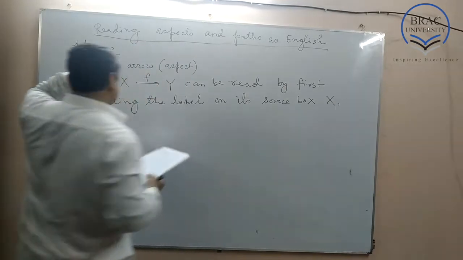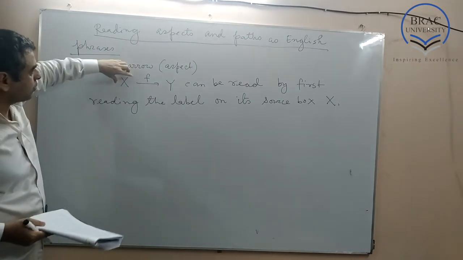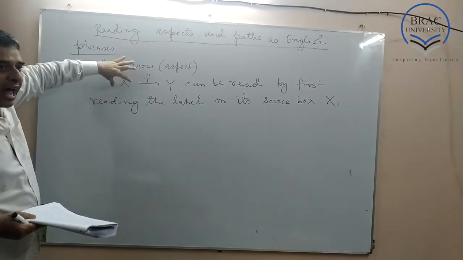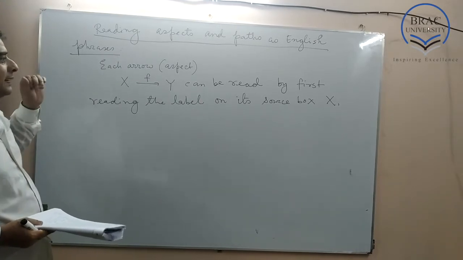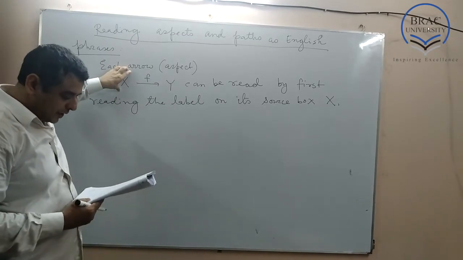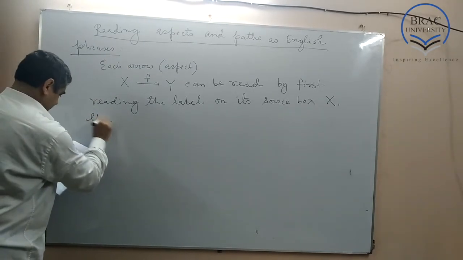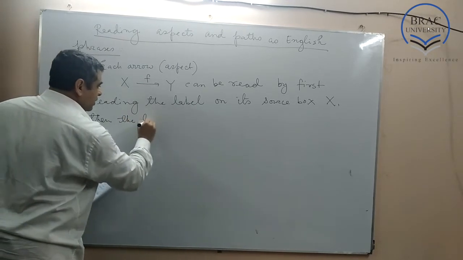What is the source box of this aspect f? The source box is X here, and whenever we have a box, we have a label on that. So we have to read that label on its source box first, and then the label on the arrow.